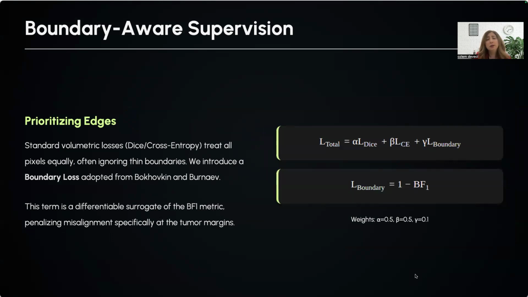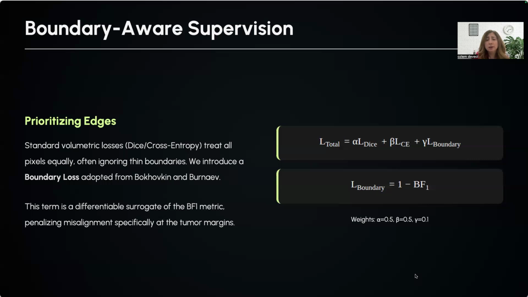However, a better architecture wasn't enough. The standard loss functions, like dice loss, treat all pixels equally. They don't care if the boundaries are slightly blurry. To fix this, I introduced a boundary-aware loss function. I combined dice and cross-entropy loss with a specific boundary loss term, which is weighted at gamma, which is 0.1.